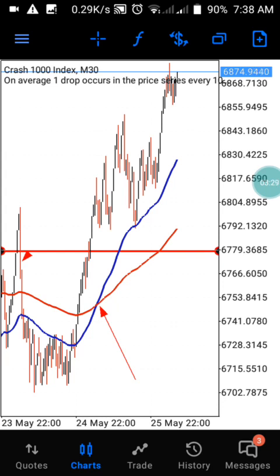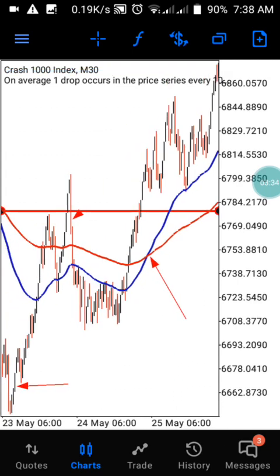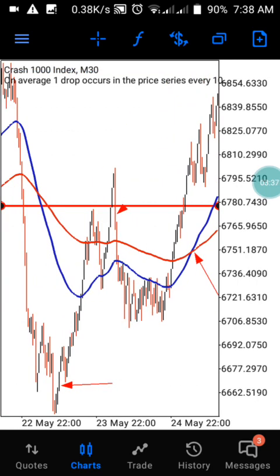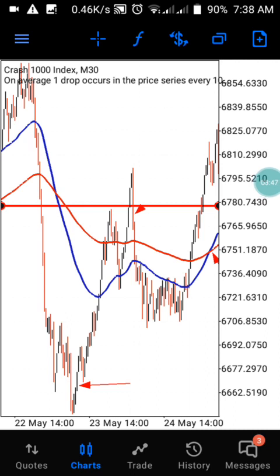Now, the first thing you need to do when you are implementing this is allow your price to be like this. Anytime you have a crossing over of the two moving averages, you allow your price to reach this particular area.